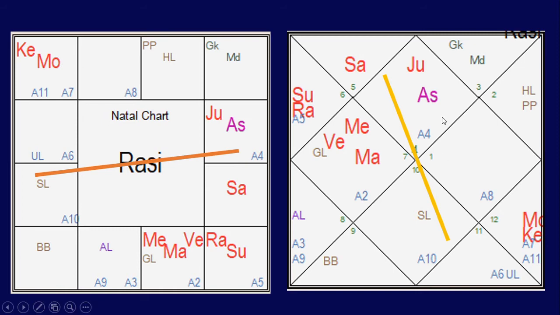So if any planet is in between these 2 degrees, we can say it is in the daytime point, or that planet is posited in daytime, or else that planet is posited in night time.